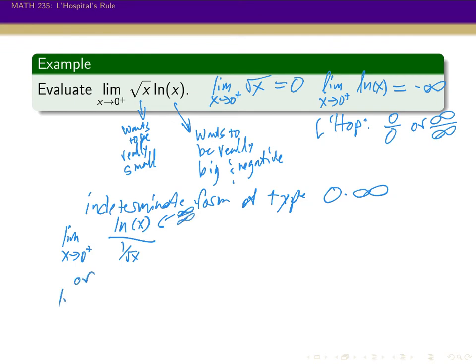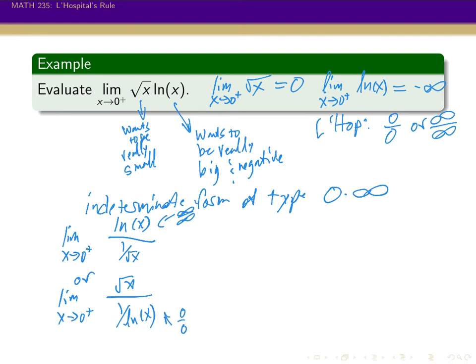Or we can do square root of x divided by 1 over natural log of x. Okay, and so we have the choice of either one of these. And so this one on the bottom now, this is a 0 over 0 indeterminate form.